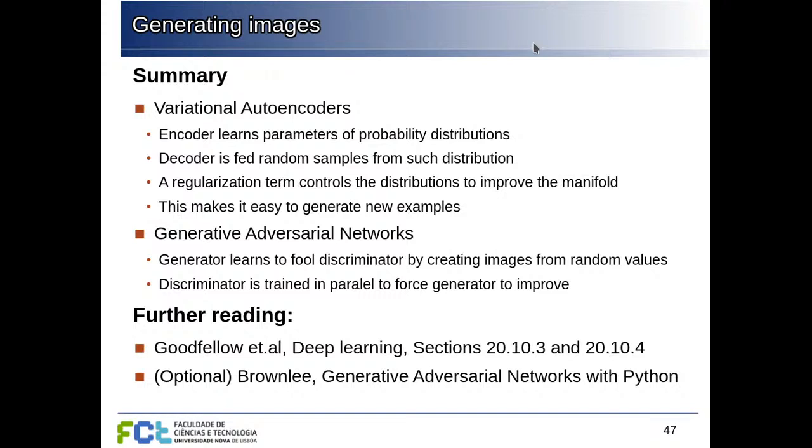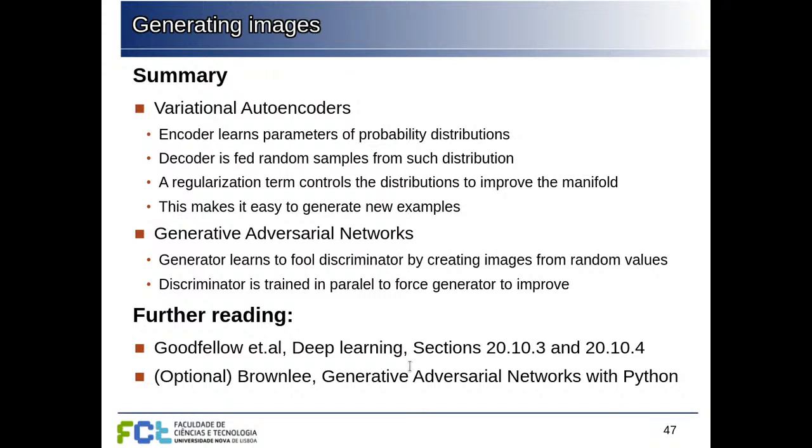And to do that, we're going to train it adversarially. We're going to train it in parallel with a discriminator that can tell if the image is fake or real. And both of the networks will improve by training them alternating one and the other. And so eventually, after a number of epochs, we start getting some more quality results from the generator.